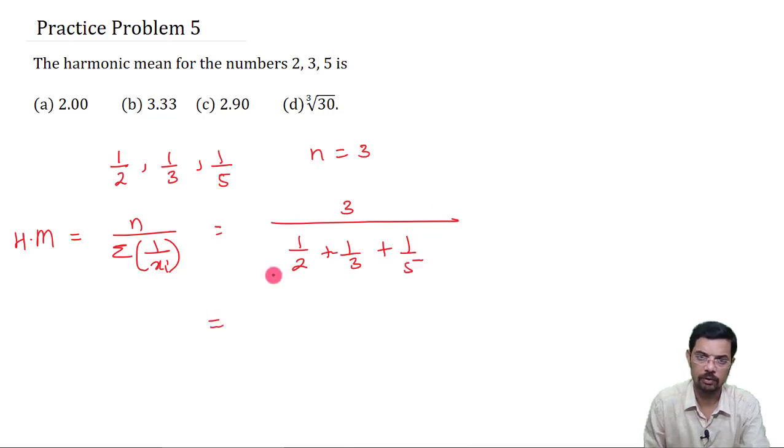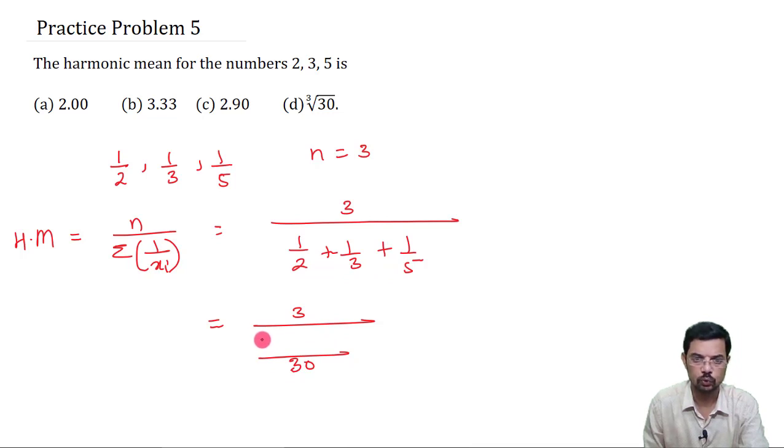So finally what we get here is 3 by, the LCM will be 5 3s are 15, 2s are 30. So this is 30, and we have 15 plus 10 plus 6, that is 31 by 30.